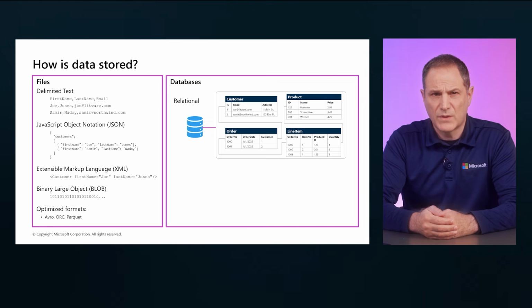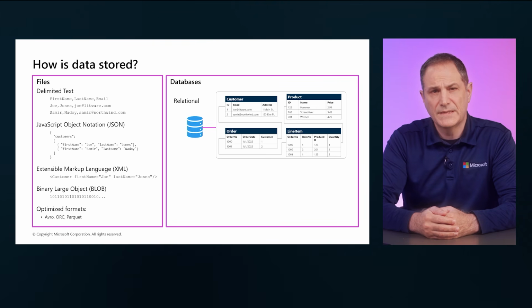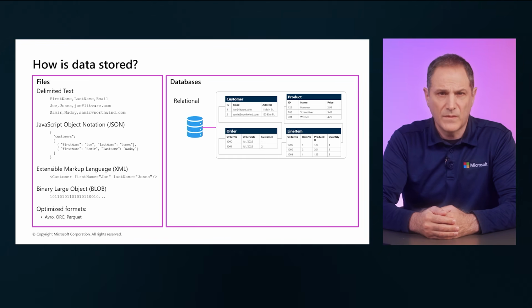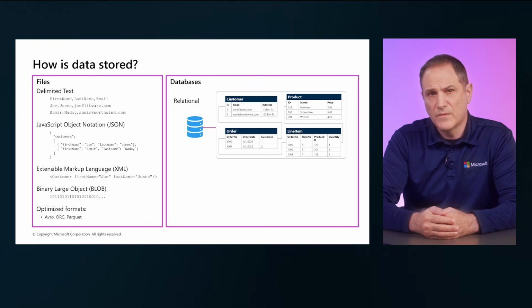A relational database is used to store and query structured data by organizing it into tables that represent entities such as customers, products, or sales orders. Each instance of an entity has a primary key that uniquely identifies it, and those keys are used in other tables to reference the same entity.